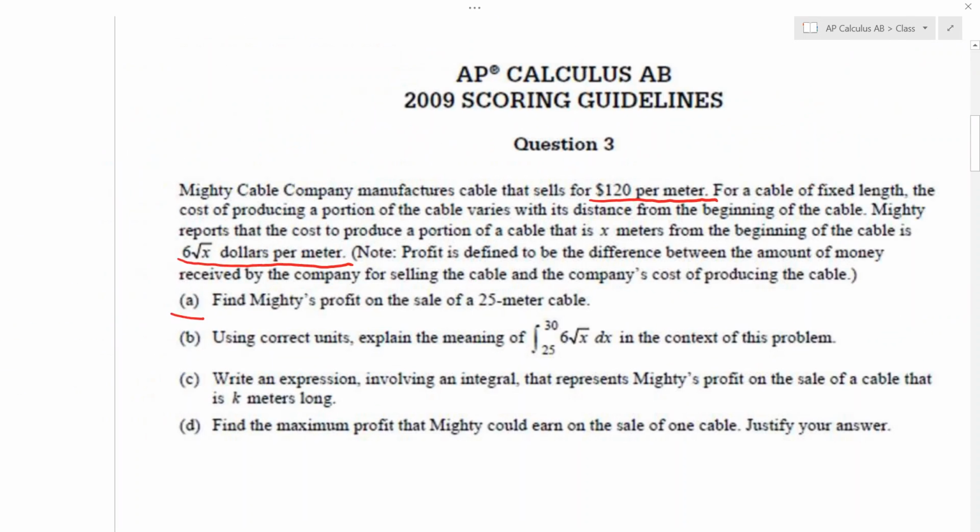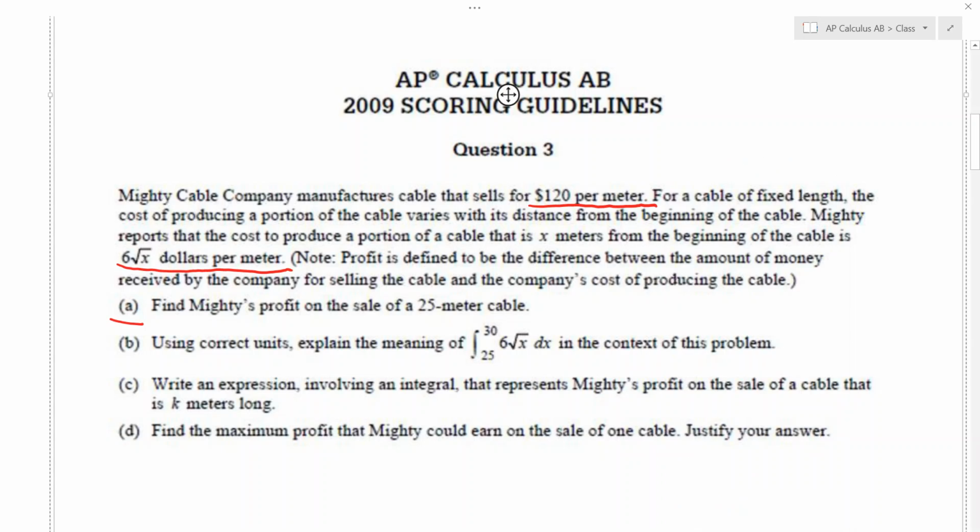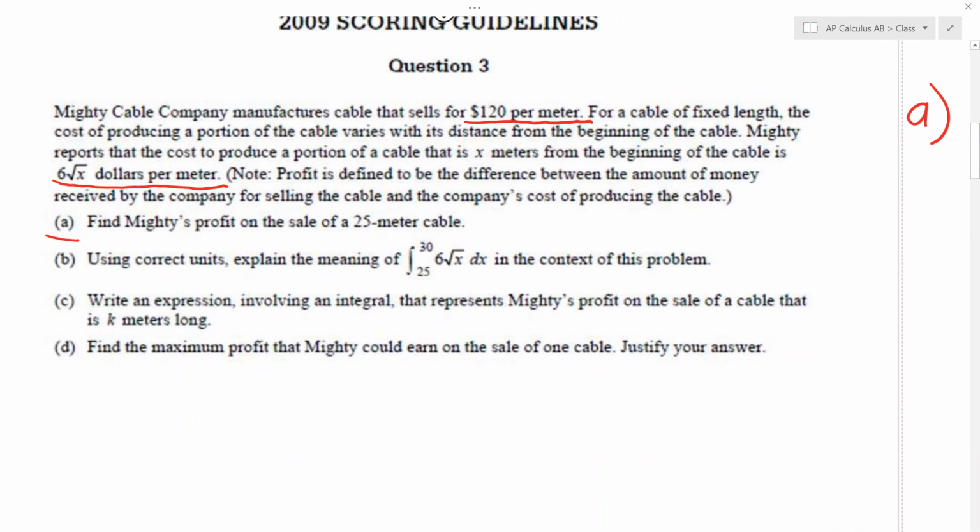Okay? B says, explain what the integral from 25 to 30. Now, we definitely know that has to do with the cost to make a wire, right? But it's not the cost to make a 30-meter wire. 0 to 25 was the cost to make a 25-meter wire, right? 25 to 30 would be the additional charge to turn a 25-meter wire into a 30-meter wire.